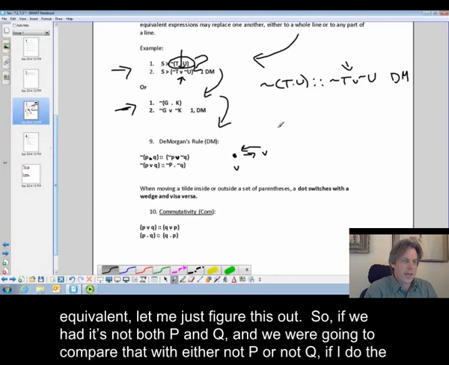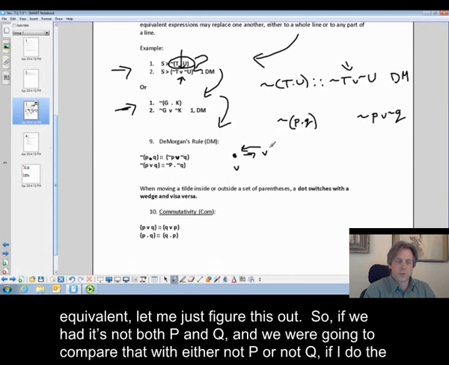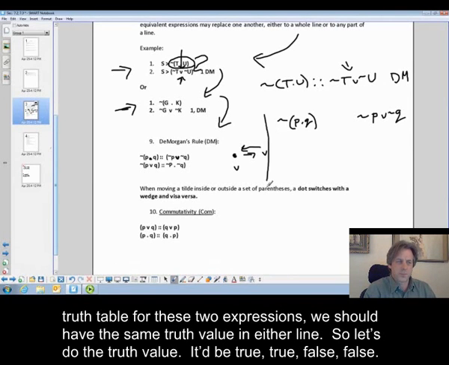So if we had not both P and Q, we were going to compare that with either not P or not Q. If I do the truth table for these two expressions, we should have the same truth value on either line. So let's do the truth value.